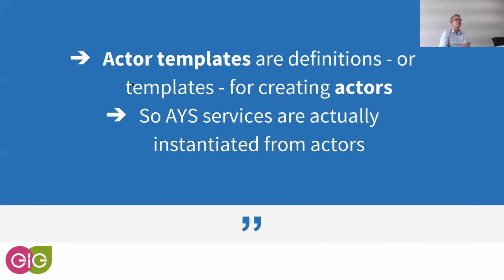We call that an actor template. So today we will show you how you create an actor template, which is a definition of an actor. And that's quite strange. I'll explain that in the next slide. An actor template is the definition for an actor, and the actual AYS service is created based on the actor. So it's like a two-step model.